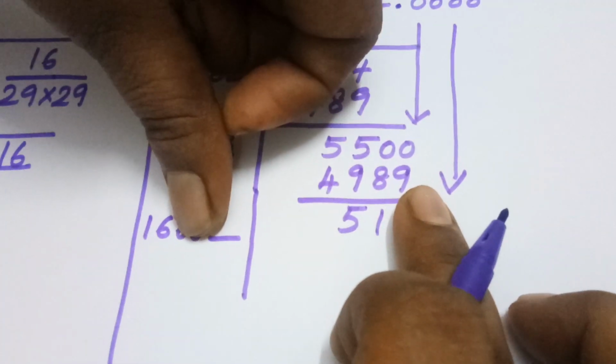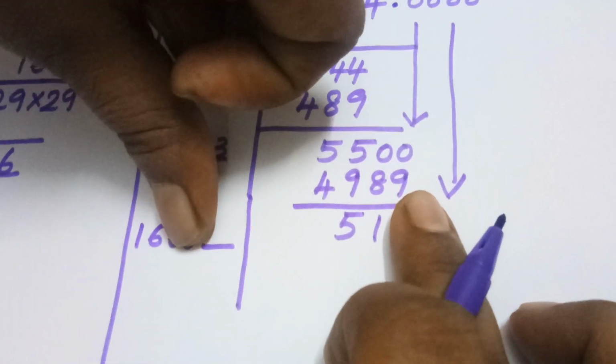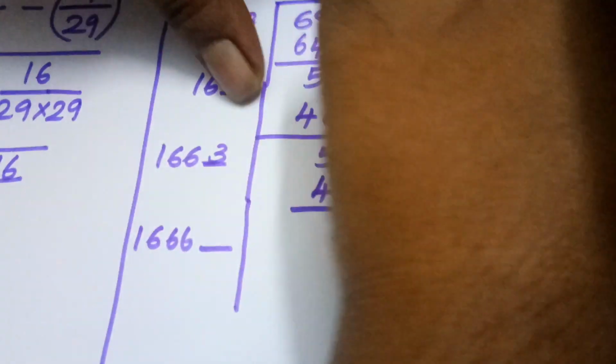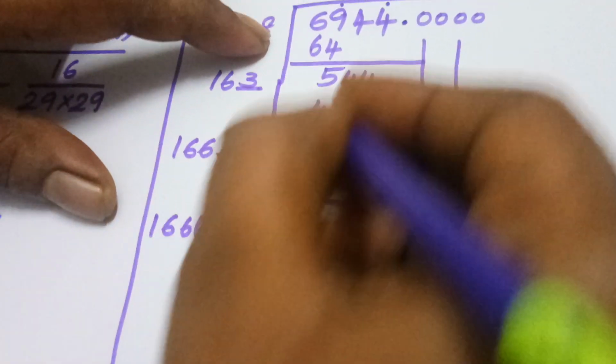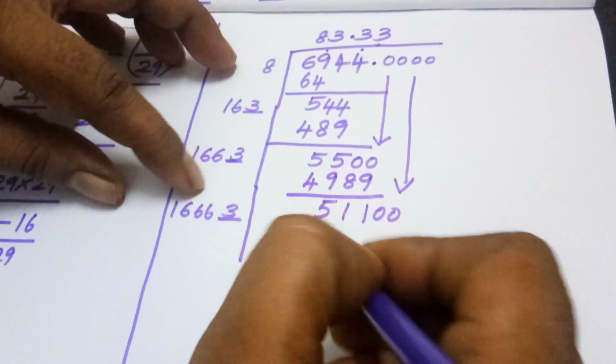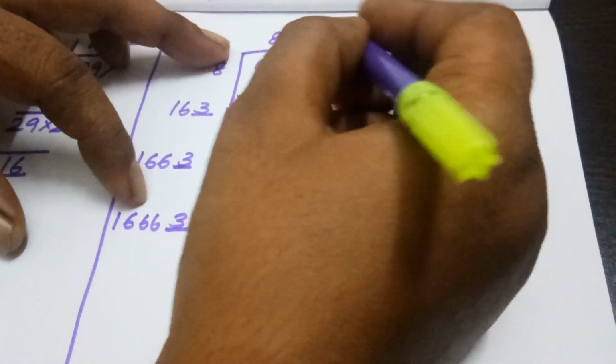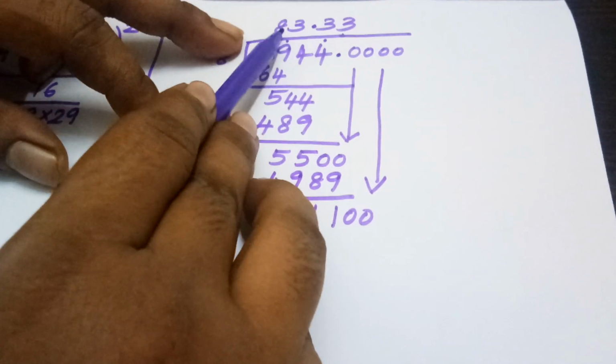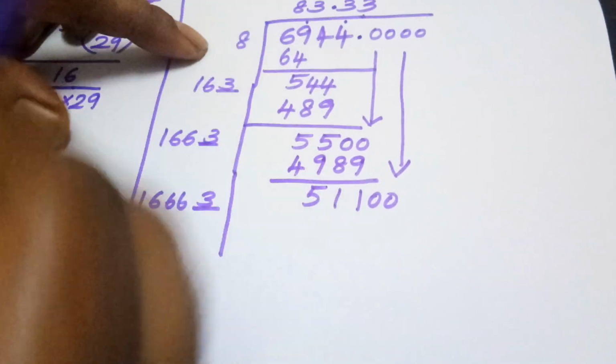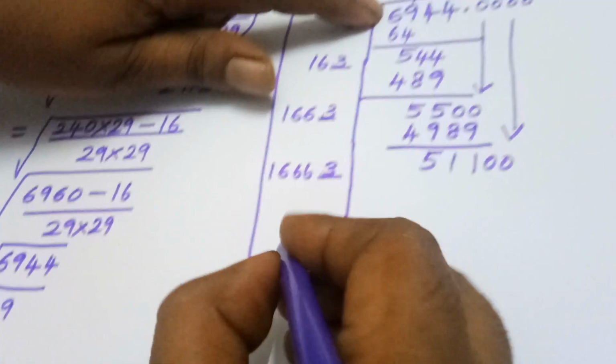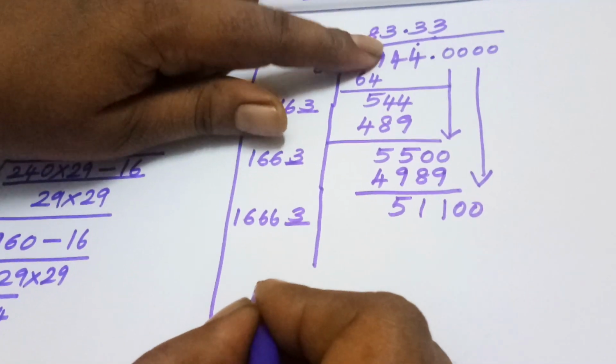So the answer is 3. So it goes on like this. No need to proceed as we have got the second digit also. So we have got approximately the square root of 6944 is 83.33.